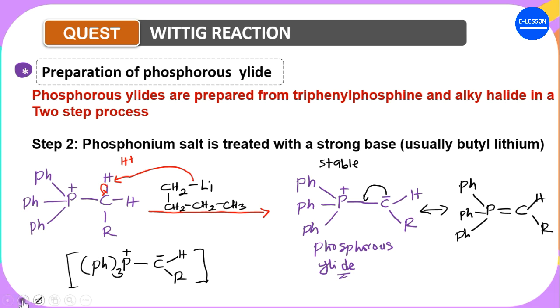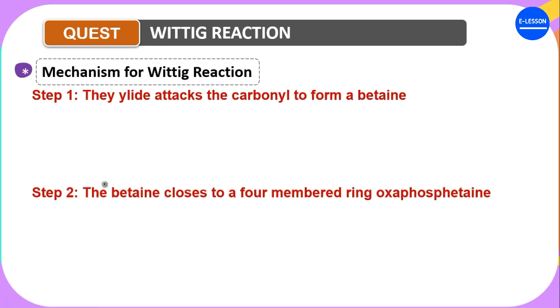So let's go back and then react it with a carbonyl compound. Let's say a hypothetical carbonyl compound using the general formula of carbonyls. So this will be equal to Ph3P, which is the phenyl ylide. Then we'll have C negative, and then you have hydrogen, and then you have R group.